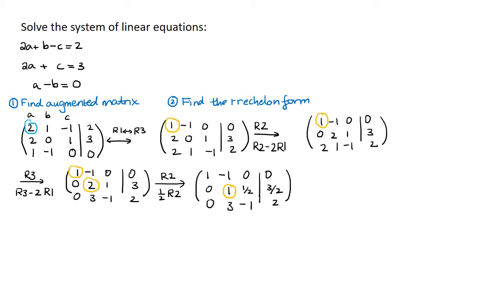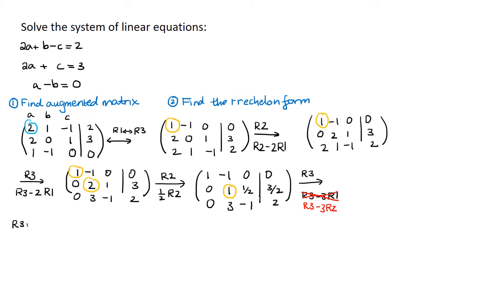So I'm going to do that by replacing row 3 with row 3 minus 3 row 1. Okay, and because we have fractions involved, let's do this one on the side. So I misspoke, and it should have been row 3 minus 3 row 2. So let's do this on the side.